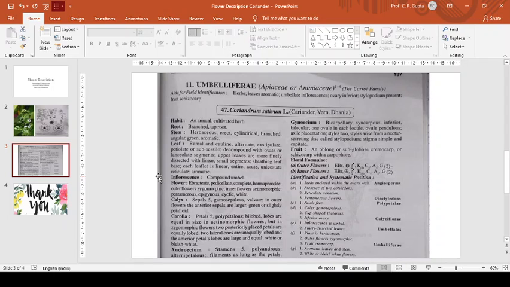And one more species of Ferula, Ferula sumbul, is used in curing hysteria. So Umbelliferae is a very economically important family. Apart from the vegetable condiments, it is medicinally also very important.